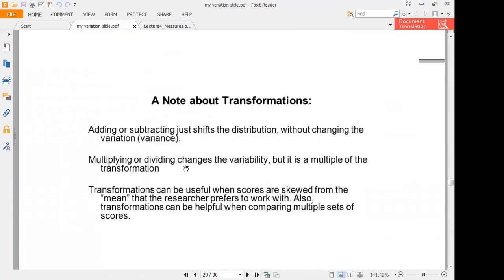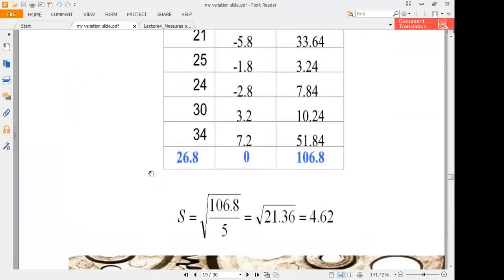Concerning multiplication and division, these change our variance and standard deviation. If you are multiplying, let's say you are multiplying by 2. For example, instead of having the data as 21, 25, 24, you could have transformed it to 42, 50, 48. You can see I'm multiplying by 2.